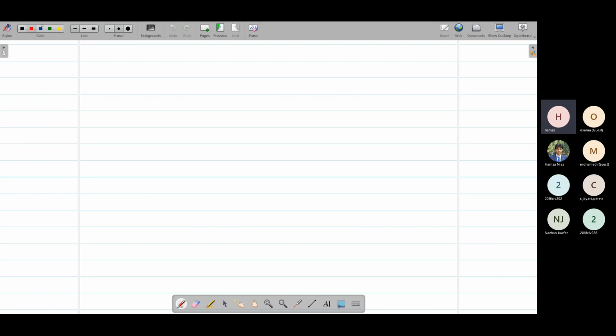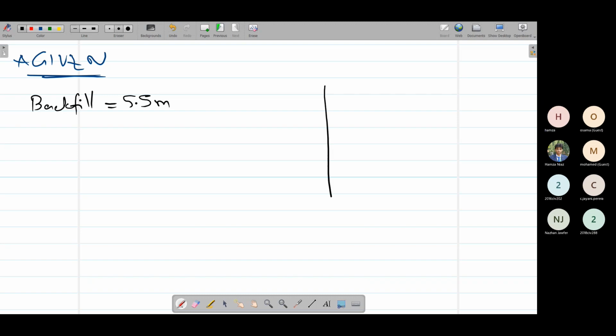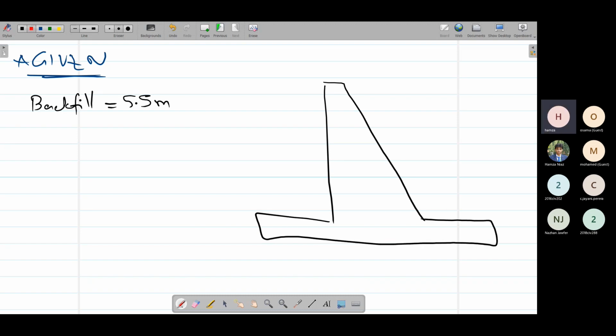So what is our given data? For this cantilever wall or any retaining wall, only the soil profiles, etc. would be given. For example, the height of backfill is given in this question as 5.5 meters. If this is our retaining wall, the only dimension we are given is this soil height, 5.5 meters.